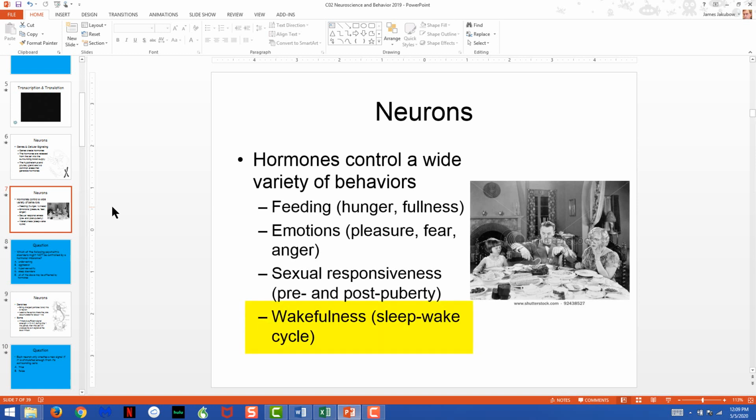Wakefulness is another one that influences your activity on a daily basis, but you may not be aware of it. The amount of sunlight you get exposed to during the course of the day influences hormonal release, which makes it more or less likely that you will feel awake or tired. And in fact, when less sunlight is going into your eye, you will be more likely to become tired.